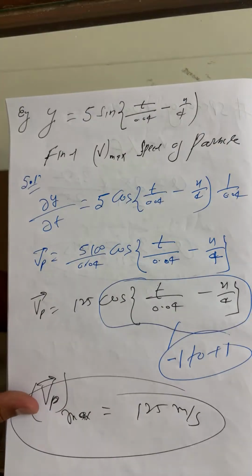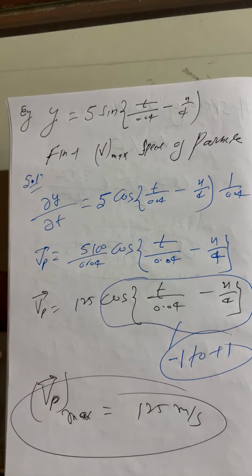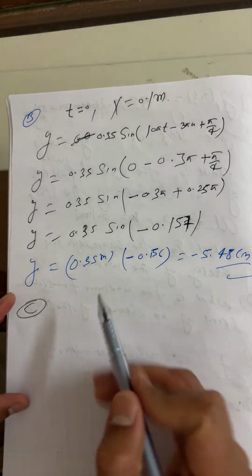What you have to find in option C is the wavelength and frequency, which is asked repeatedly.